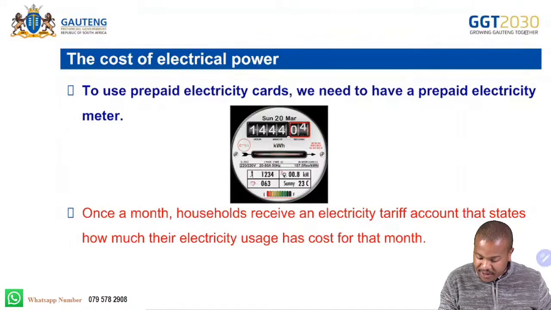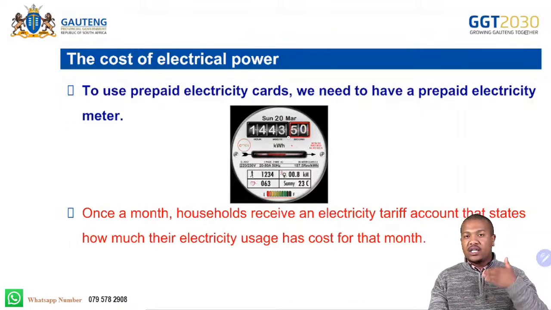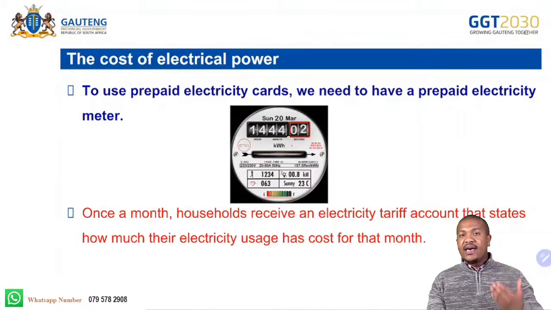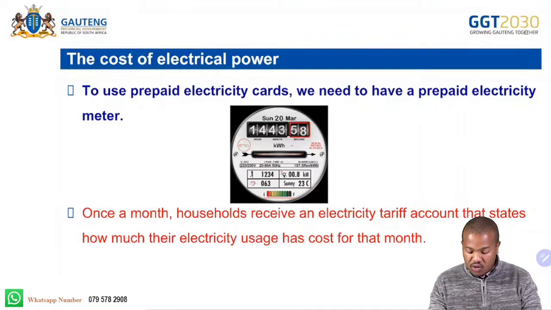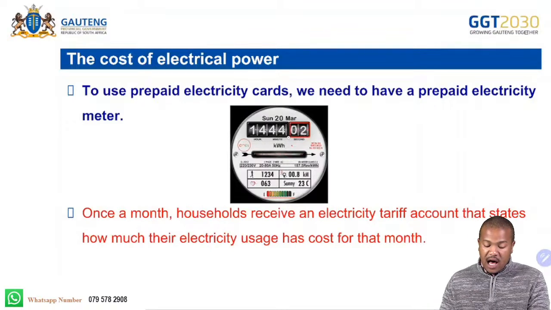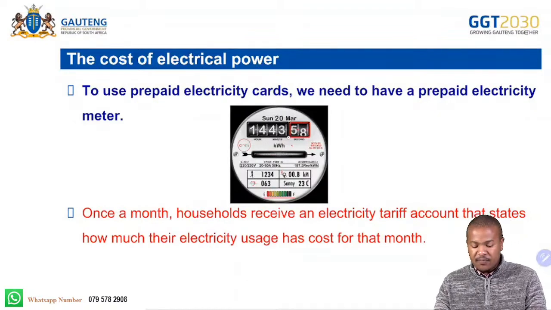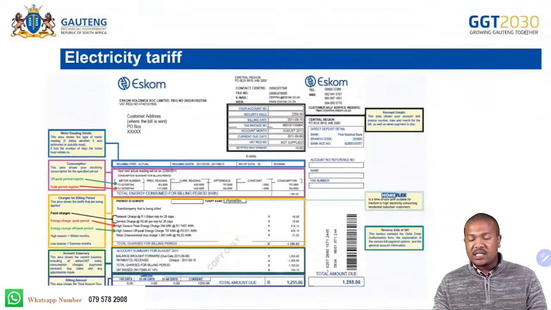Our meters are something like this. They keep on counting the energy that is used in the house per day and per month. Once a month, households receive an electricity tariff account that states how much their electricity usage has cost for that month. We call such a document an electricity bill.